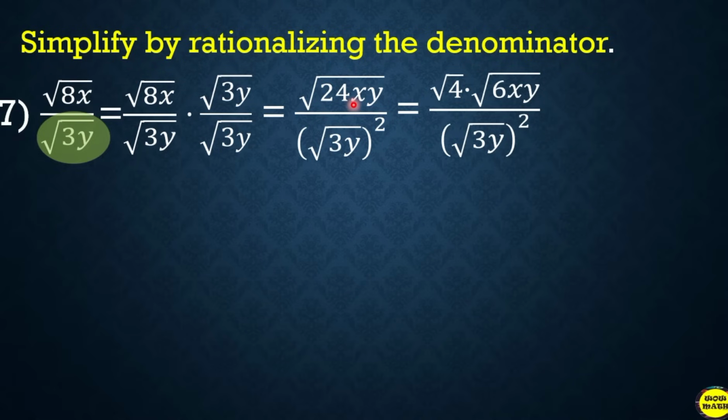Pero sa 24 kasi class, pwede pa natin yan kunin kasi meron yung factor na perfect squared and that is 4 times 6. Okay? So, paghiwalay natin, so ibig sabihin remove natin yung 4 dyan sa kanya, no? So, kasi square root of 4, the answer is 2 square root of 6xy over 3y.